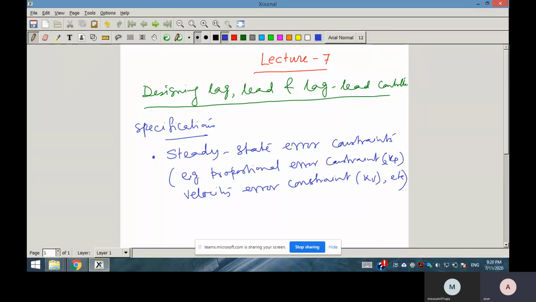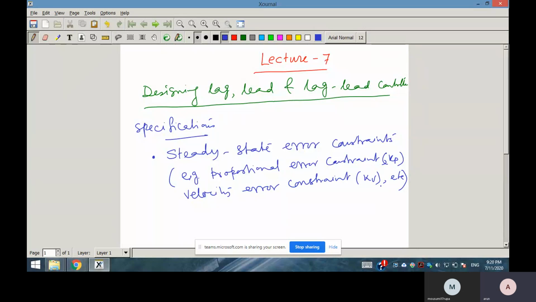As you know, what is the steady state error with respect to a step reference input? 1 by 1 plus Kp. Similarly, with respect to a ramp reference input, what is the steady state error? 1 by Kv. So Kp and Kv are a measure of steady state error.